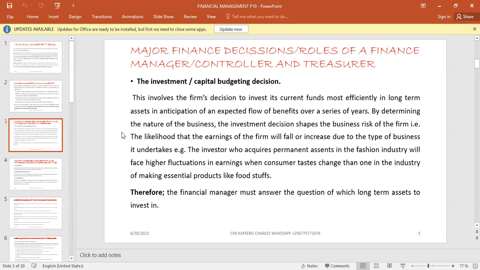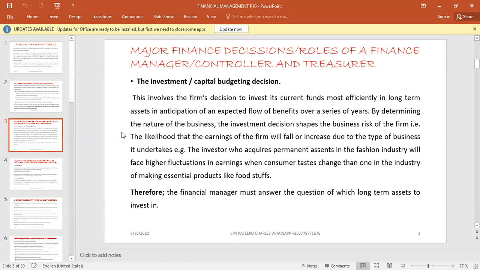This investment or capital budgeting decision is concerned with how we are going to invest the money we have in long-term assets. Here we are looking at the long-term assets that are going to be used in the production process. And how do we come up with the decision that will make sure we invest in these assets?